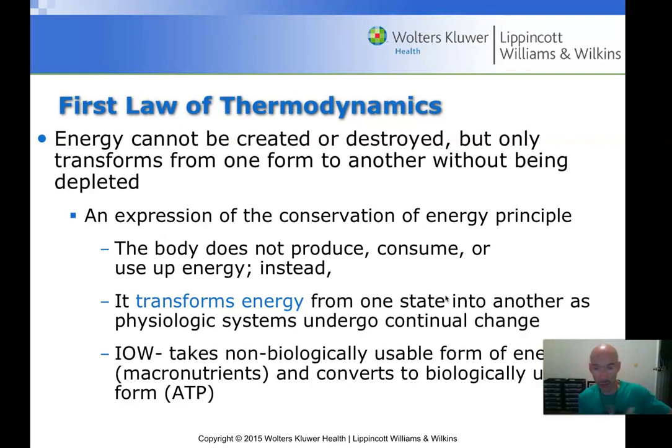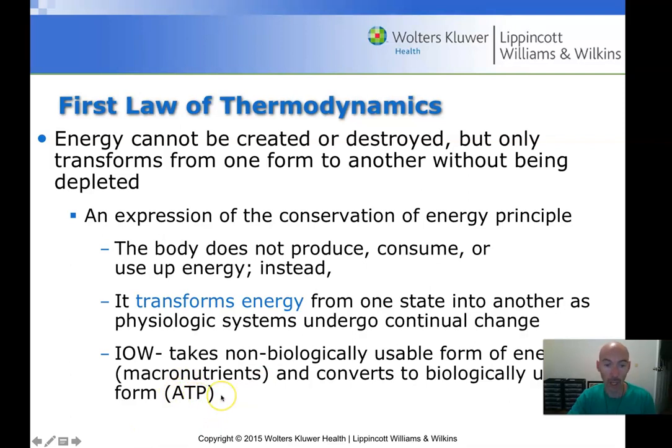And most often we take that in through what are known as the 3 macronutrients, which are protein, carbohydrate, and fat, okay? We cannot directly use those things as energy. We have to convert those things into the biologically usable form of energy, which is known as ATP.